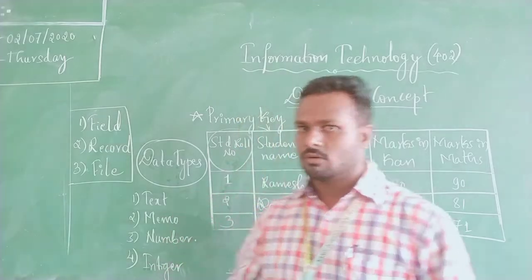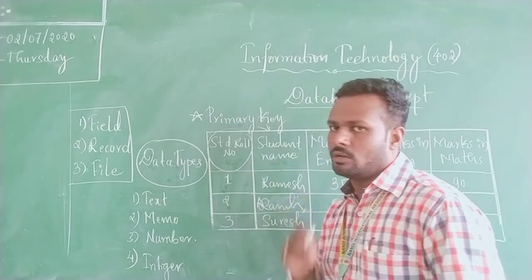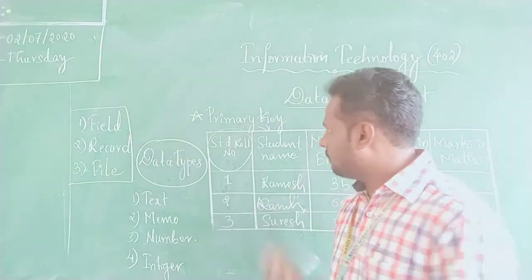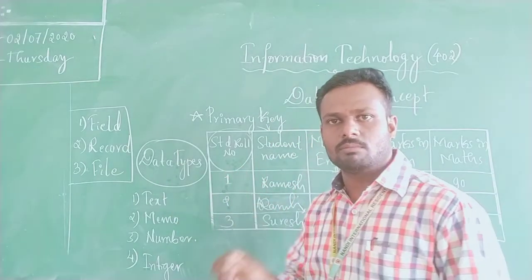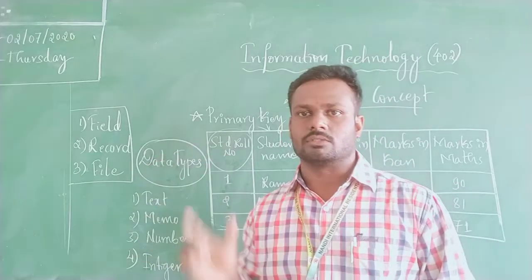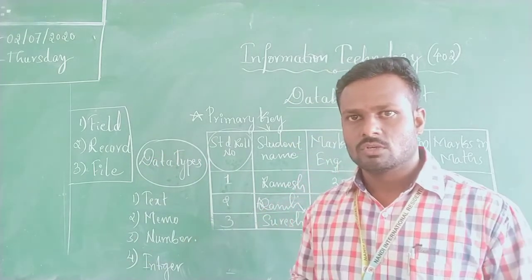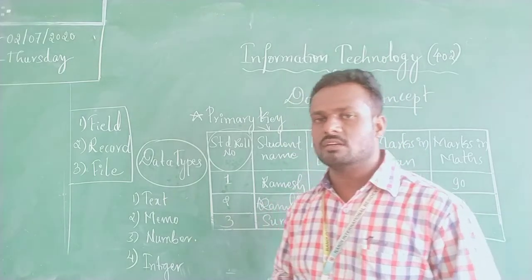Suppose, for example, you take student roll number. While creating the table, I will assign that student roll number must take only numbers, not text, not any alphabets. So this is what we call data type.